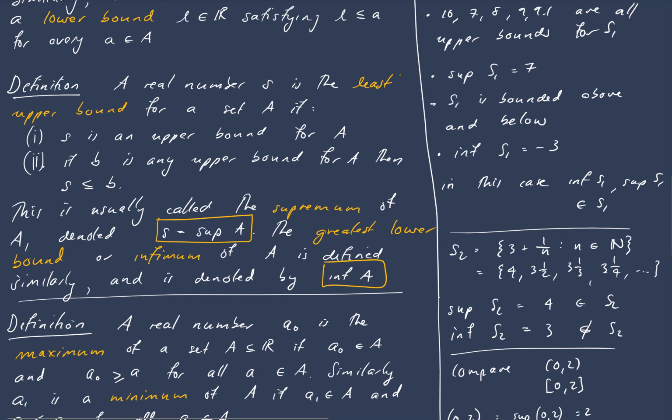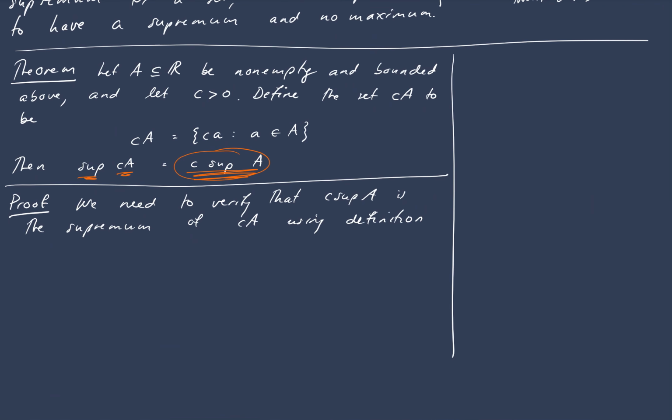Part 1 of the definition, just here if you're lost in the wall of text like I am, says that we must verify that the number is in fact an upper bound for the set. Okay, so part 1, need to show C sup A is an upper bound for CA.